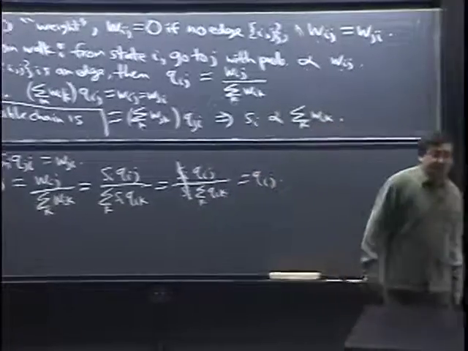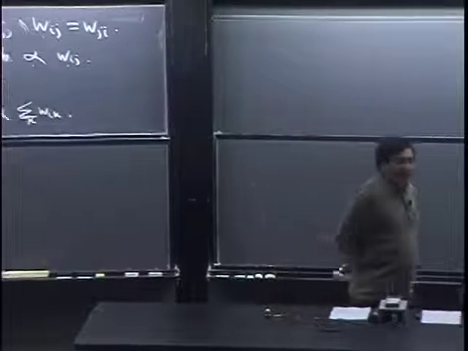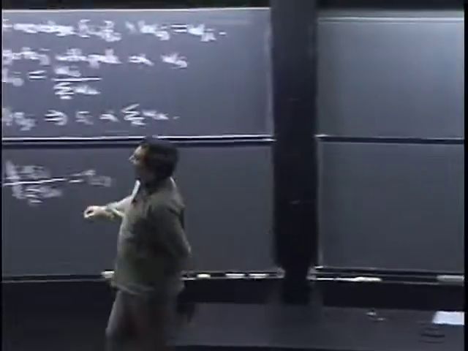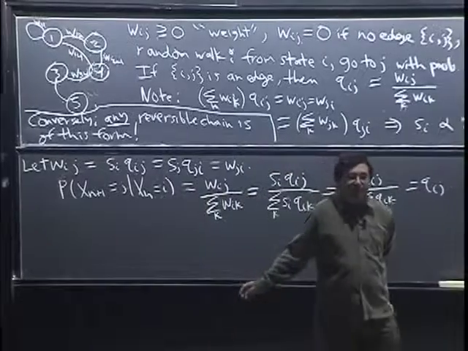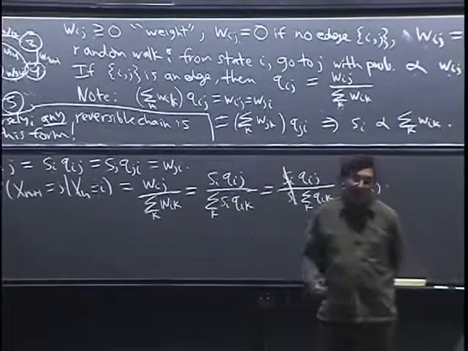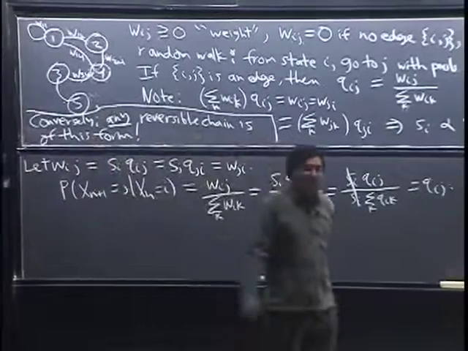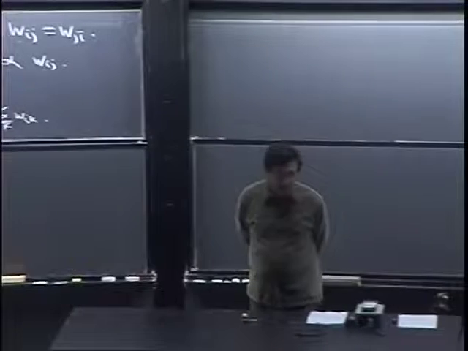In other words, this chain that we constructed has the desired transition probabilities. So this is the quintessential prototypical example of a reversible Markov chain. It's a random walk on an undirected network where possibly we put some weights on the edges. So that's the reversible case.